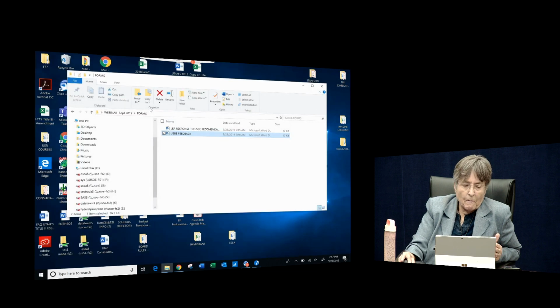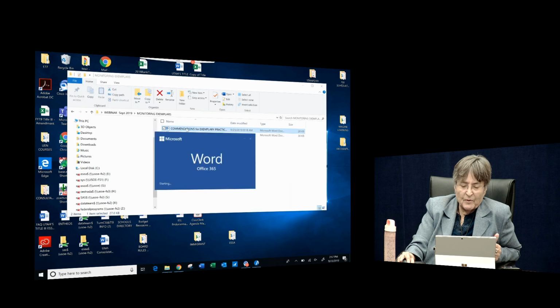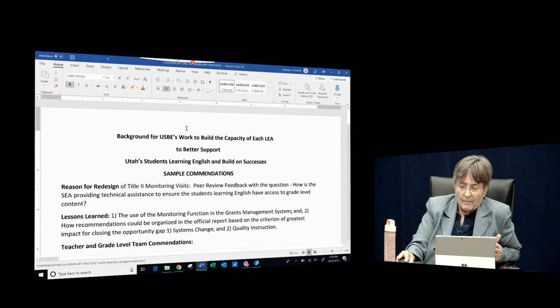Okay, so the next part is exemplars. I'm just going to give you a taste of the commendations because some of you have seen them. I'm doing this because sometimes there are districts and charters who end up being really stressed out about the visit.